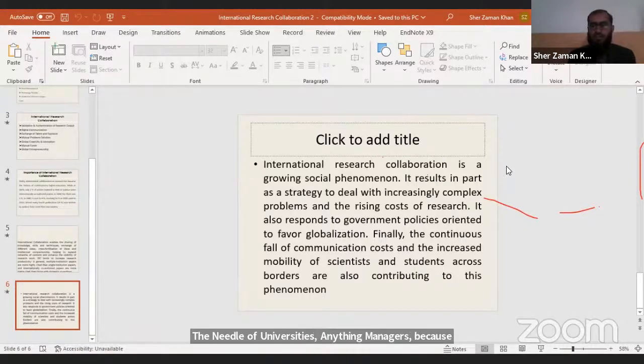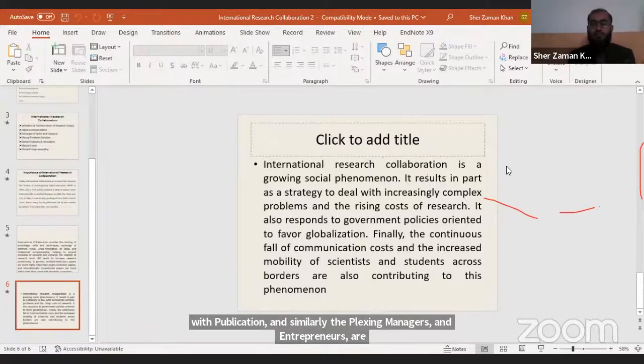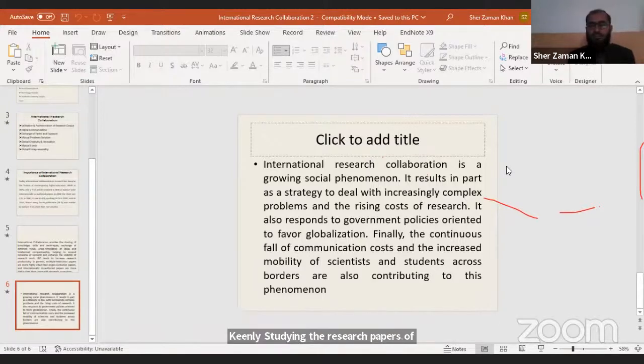Researcher promotion and career development are closely connected with publication. And similarly, practicing managers and entrepreneurs are keenly studying the research papers of different well-reputed journals, and they are trying to get solutions to their problems by reading those papers, and to get the findings of those papers, which are published by researchers from different backgrounds.